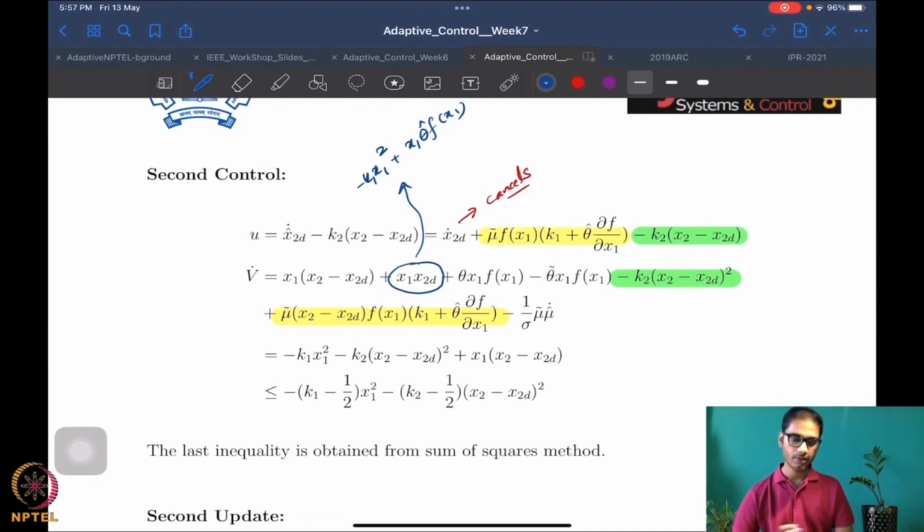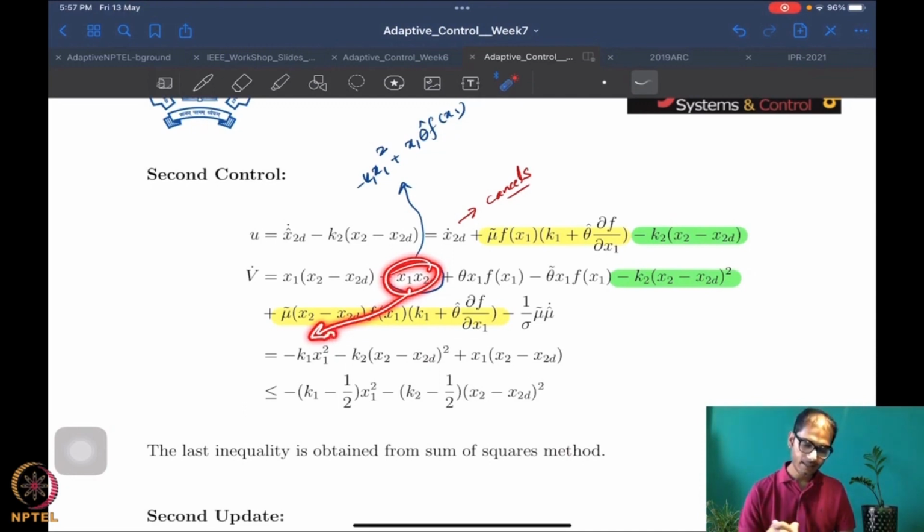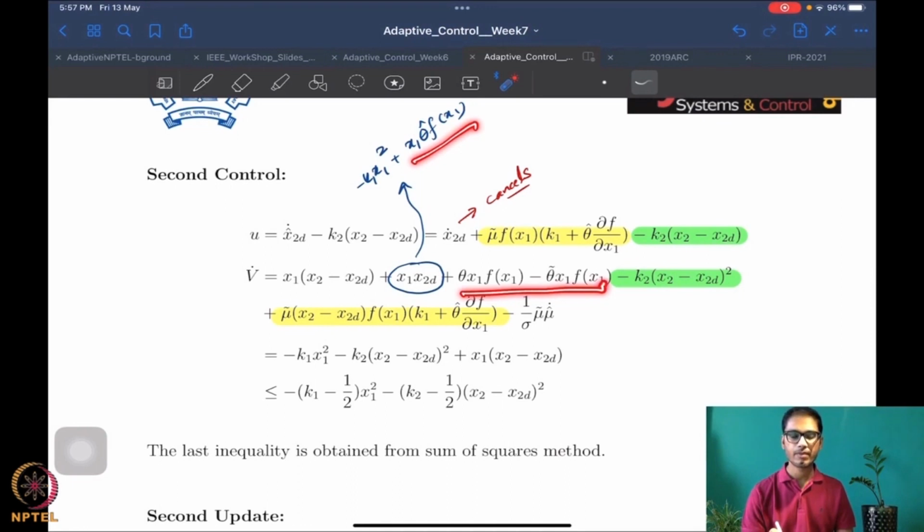So from x1 x2 desired, I get a minus k1 x1 squared, and this x1 theta hat f(x1) cancels this, because theta minus theta tilde is minus theta hat.